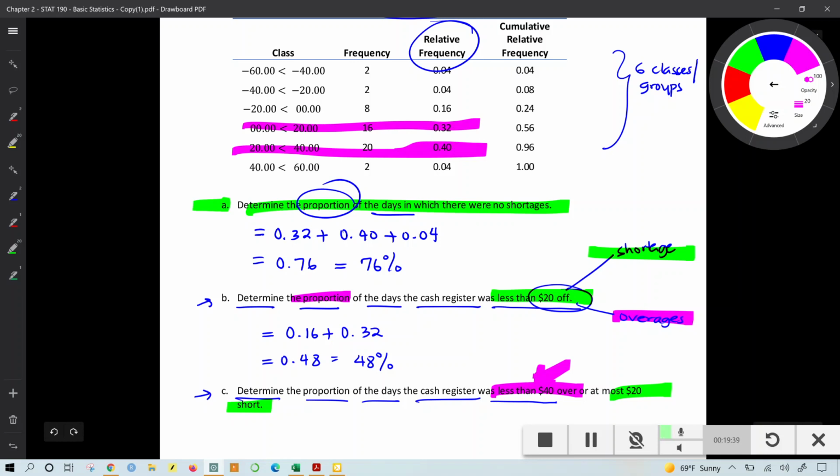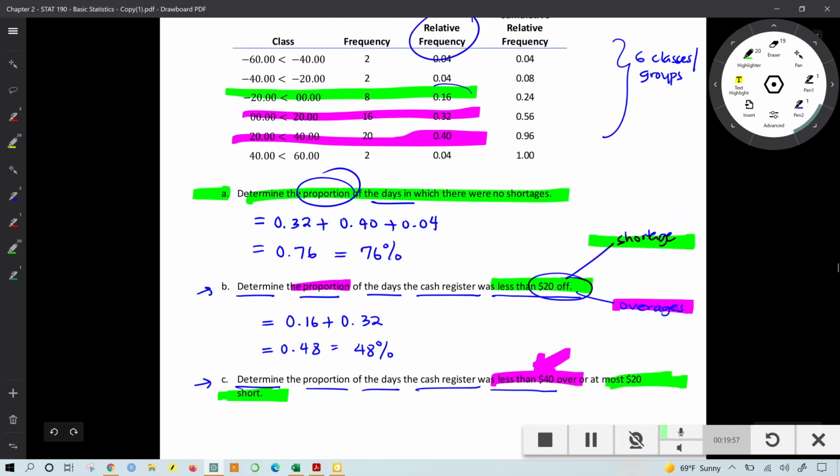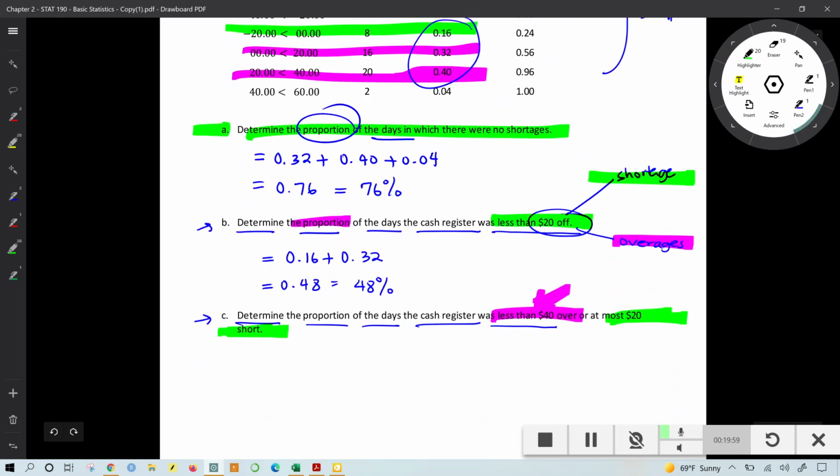This is less than $40 over, because less than $20 over is also less than $40 over. Then where it is at most $20 short, that's in the negative span, this value. So we need the combined total of these three numbers: 0.16, 0.32, and 0.40. This gives 0.88, the same as 88%.